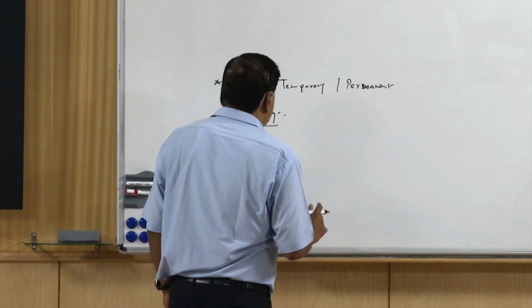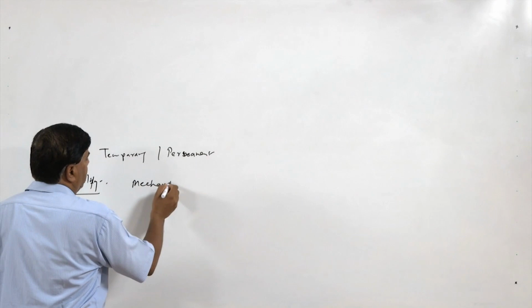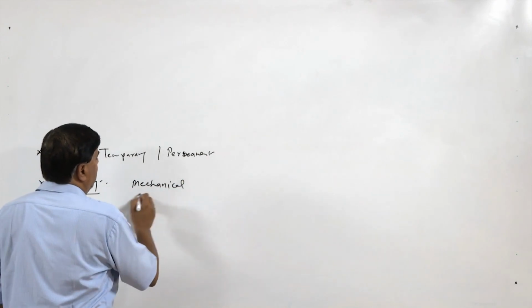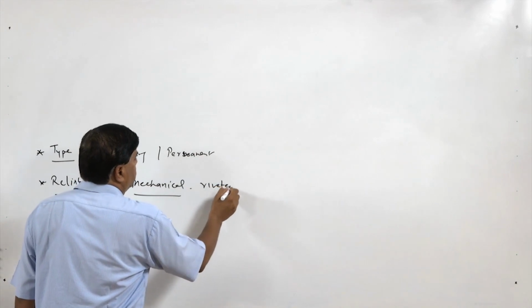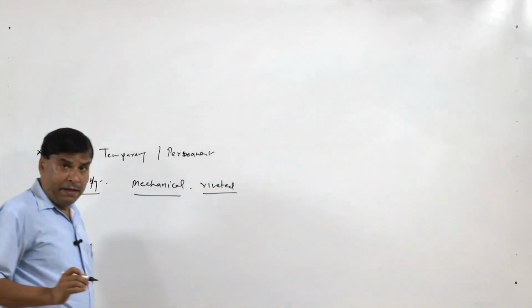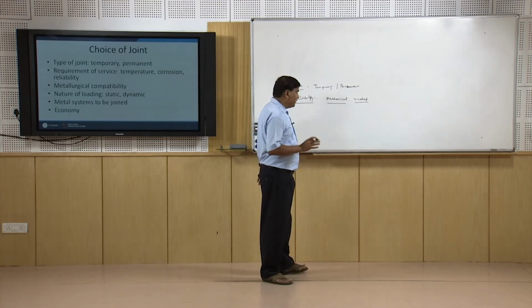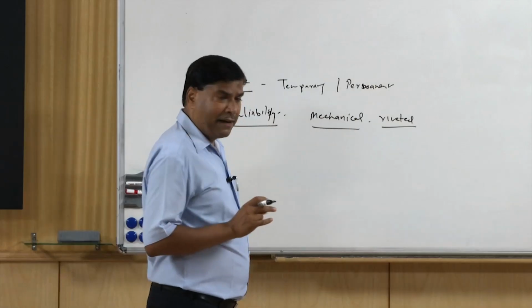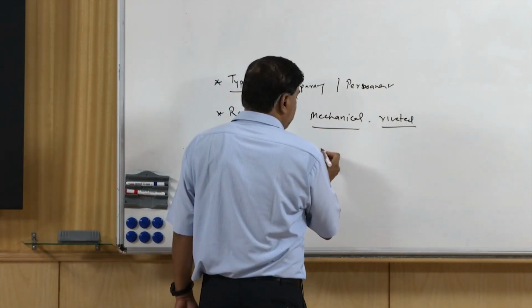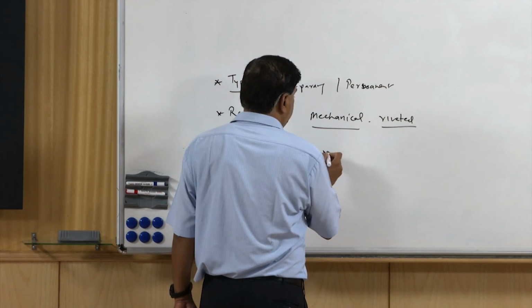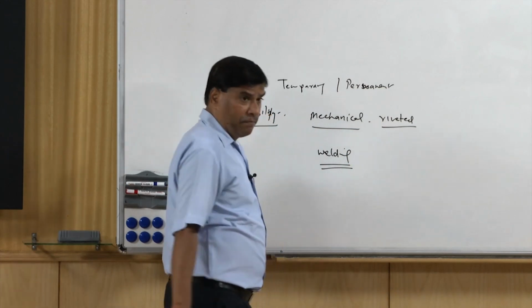So there mostly mechanical joints are used, like riveted joints, which are mostly used for making bridges and also in aircraft. But if the criticality of the component joint is not that high, then other joints like welded joints are also used.